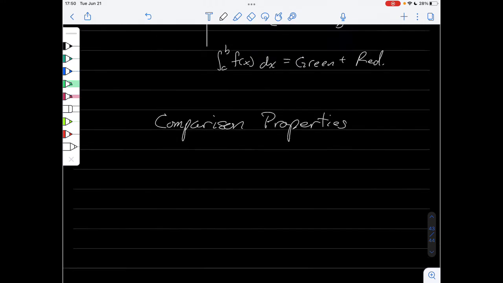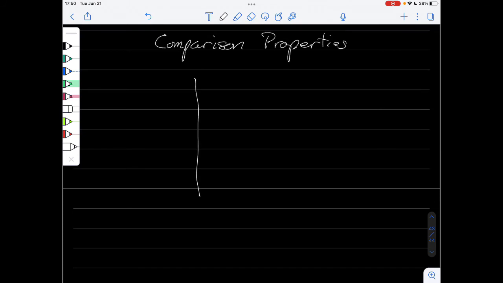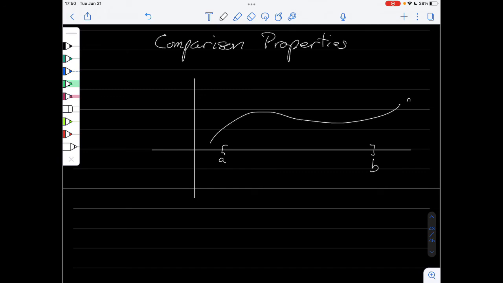So if I have a function f of x on an interval, here's a, here's b, and we'll have f of x here, bounded. I'm not going to draw it because I'm going to draw something else. And I have another function, g of x, that's defined on the same interval.